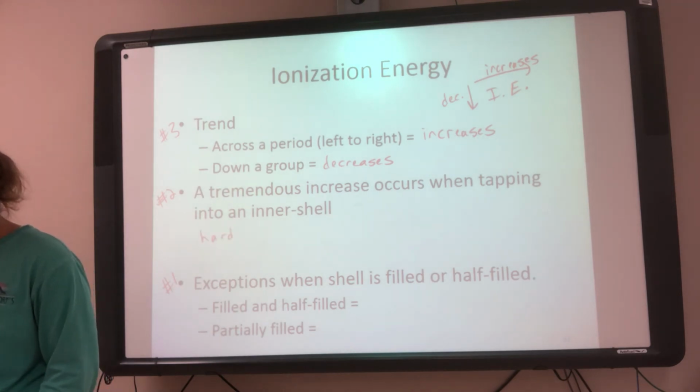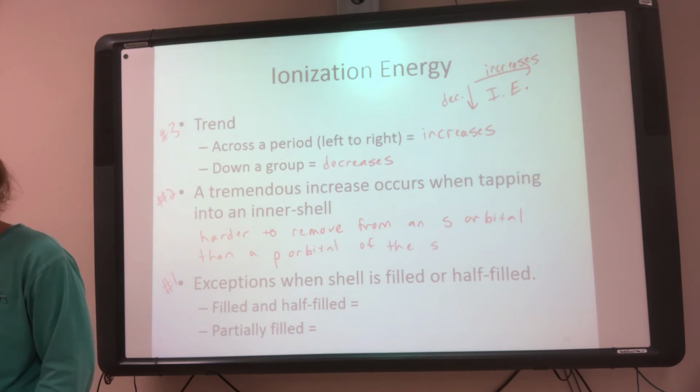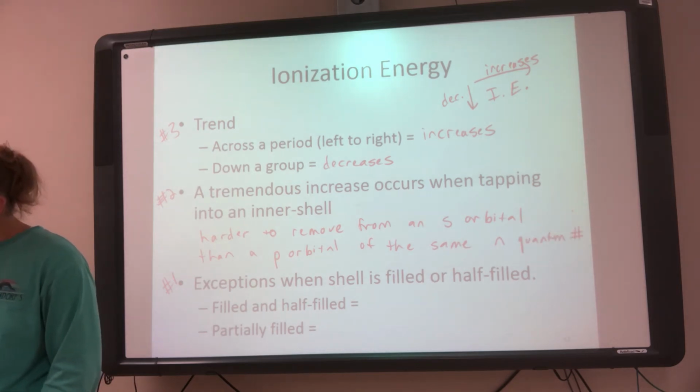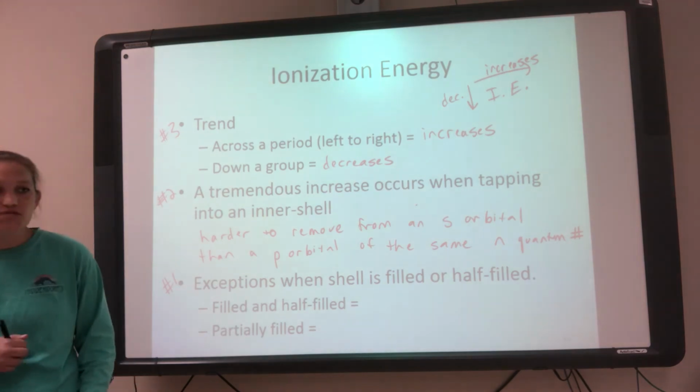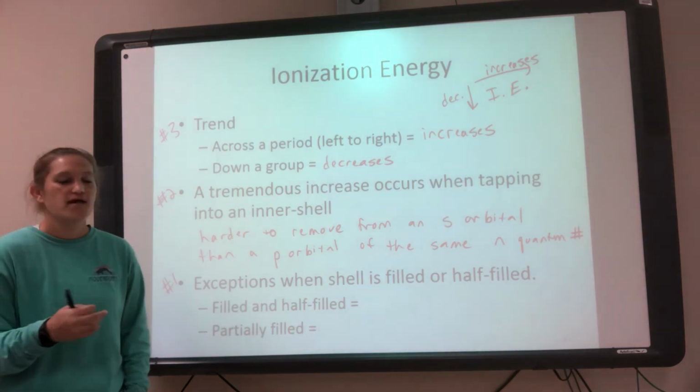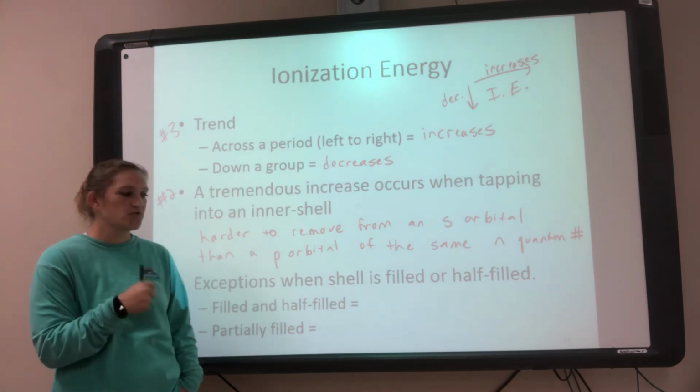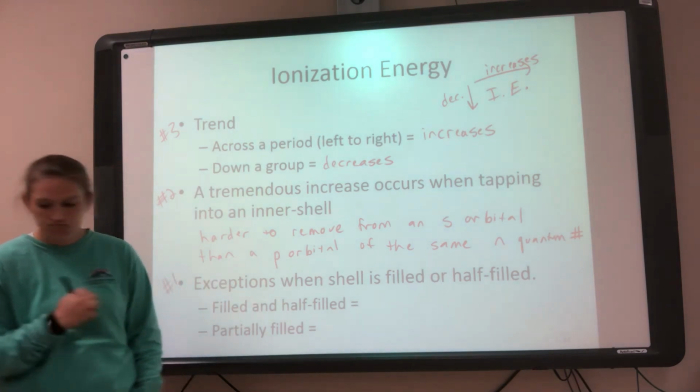It is harder to remove from an s orbital than a p orbital of the same n quantum number. So I'm saying it's harder to remove from an s than a p if I'm saying like 2s and 2p. It has to have the same n quantum number. So 2s is harder to remove from than 2p.